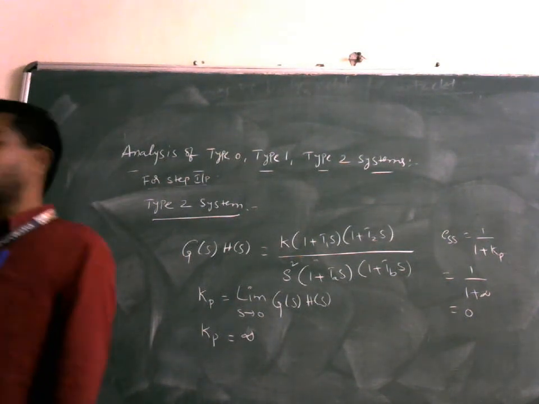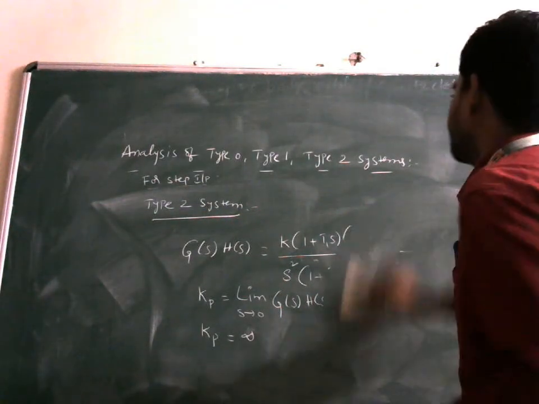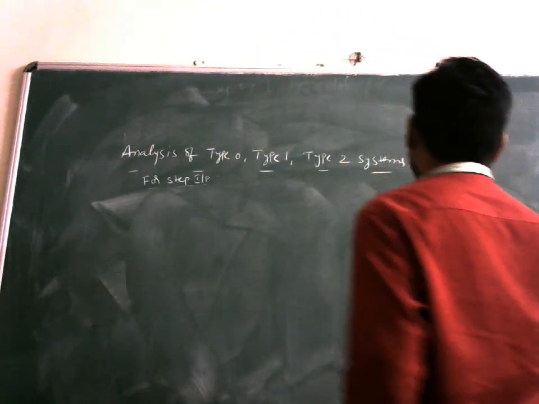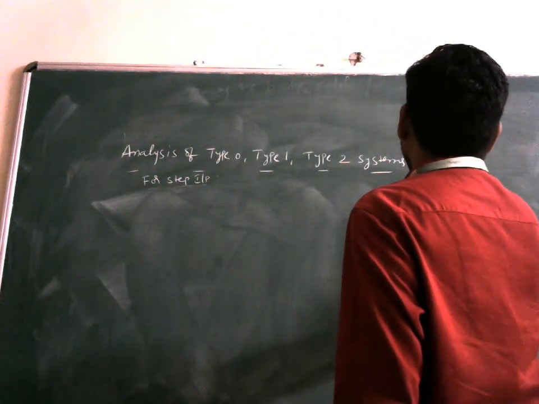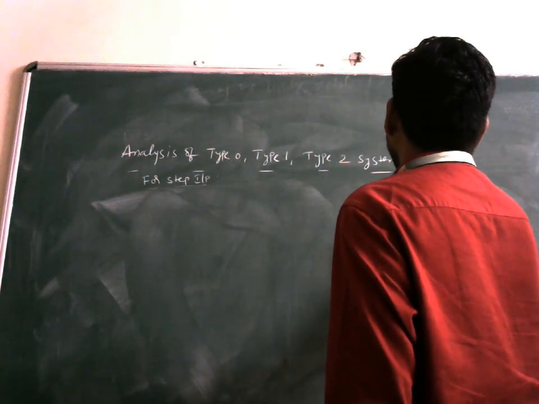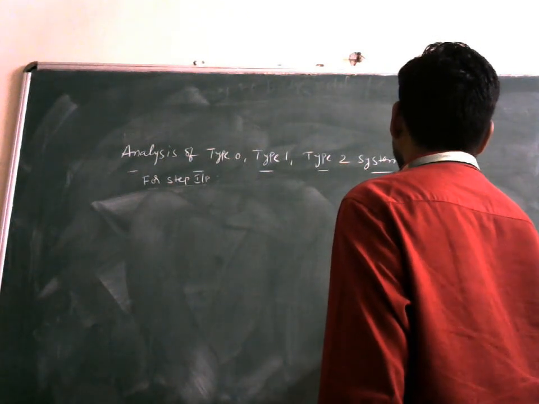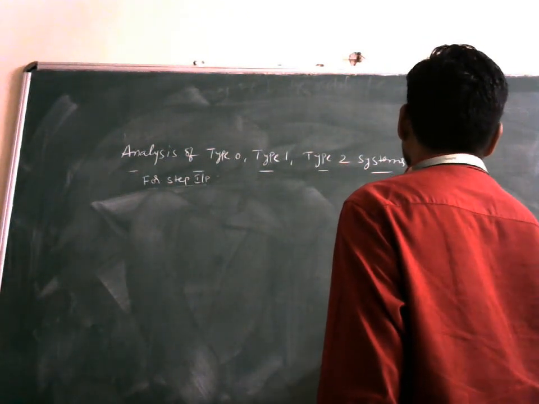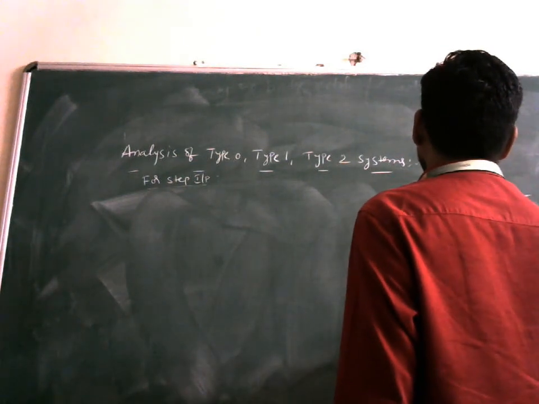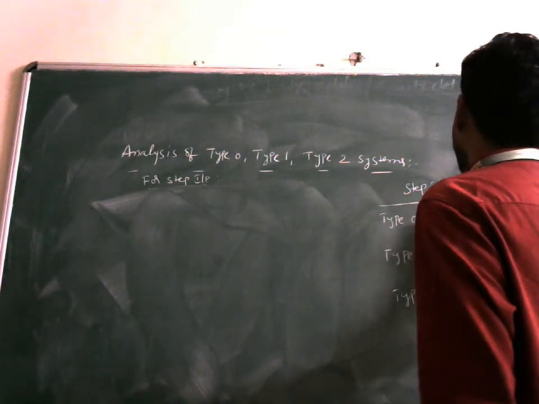What we derived till now is for step input, here I am writing. For step input, this is type 0, type 1, type 2. Sorry, first we need to write down the Kp value.